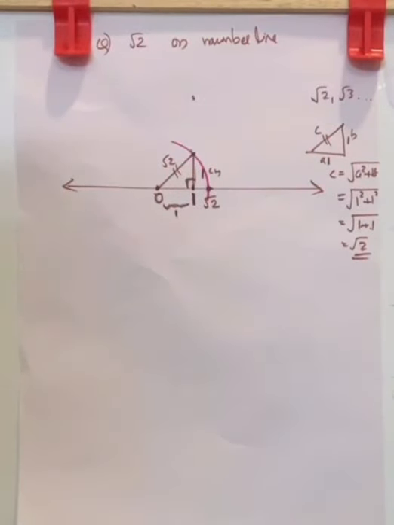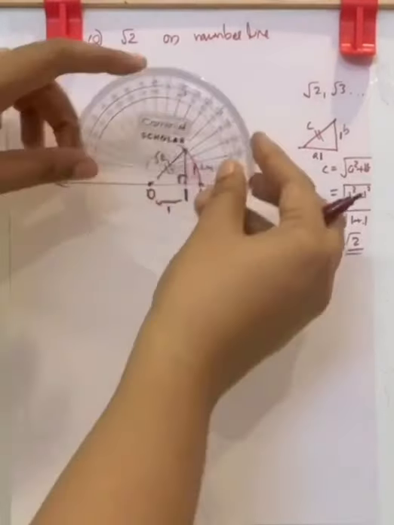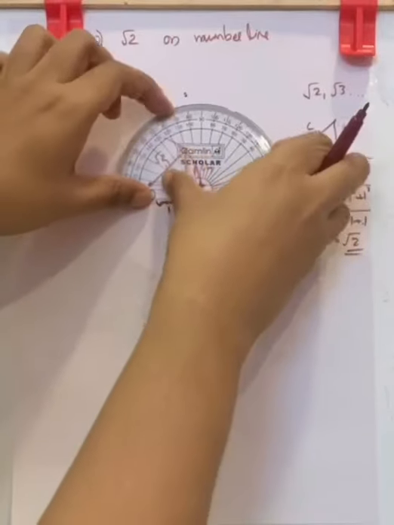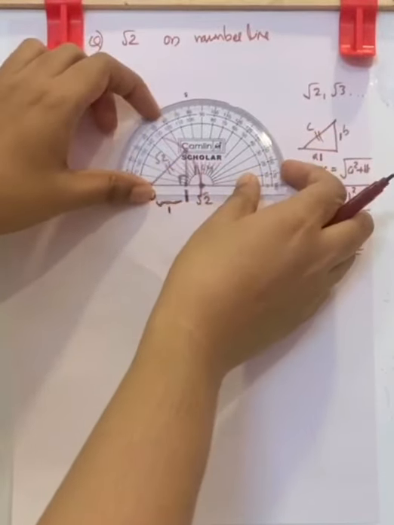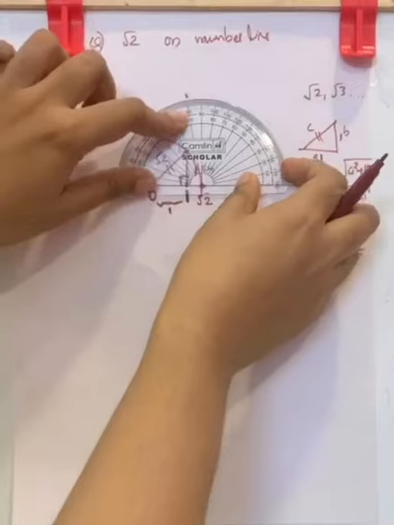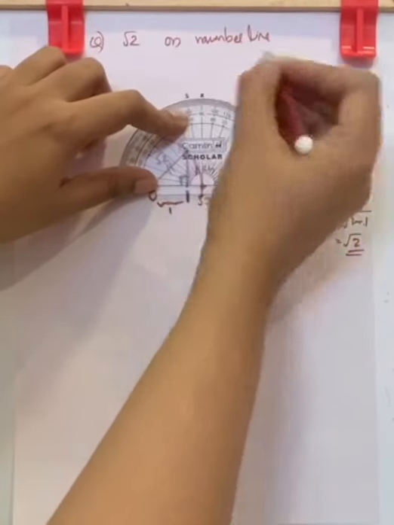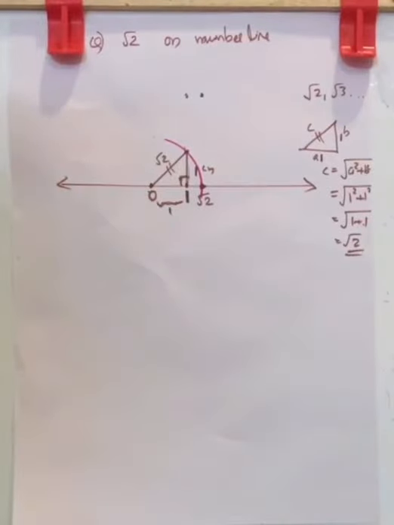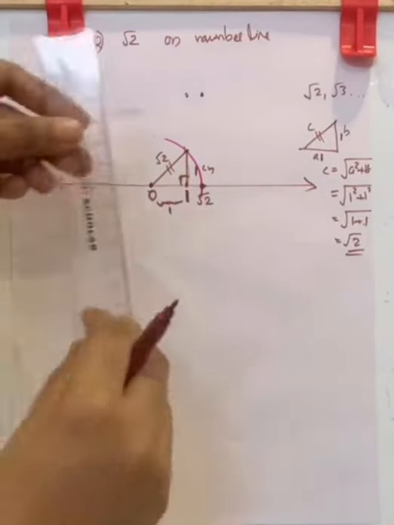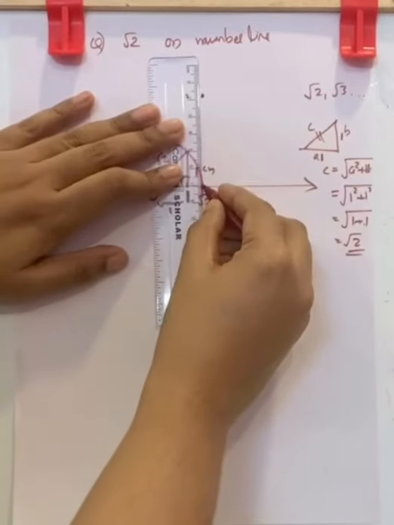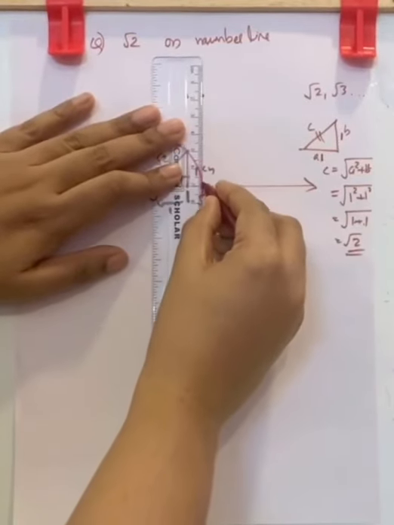After that, again take the protractor and keep it here on root 2. Now find the 90 degree there. This is the 90 degree. Now taking the scale, again find 1 unit. Let us draw 1 centimeter.